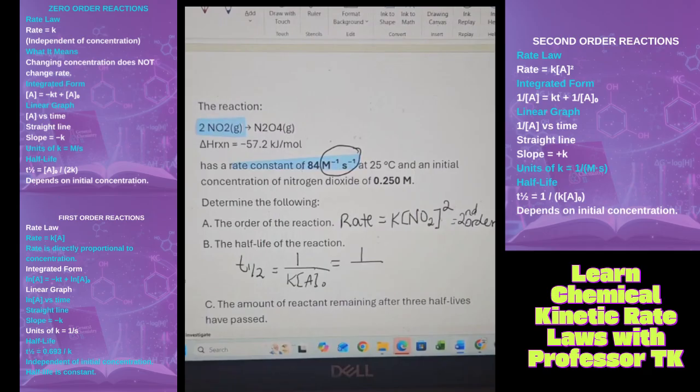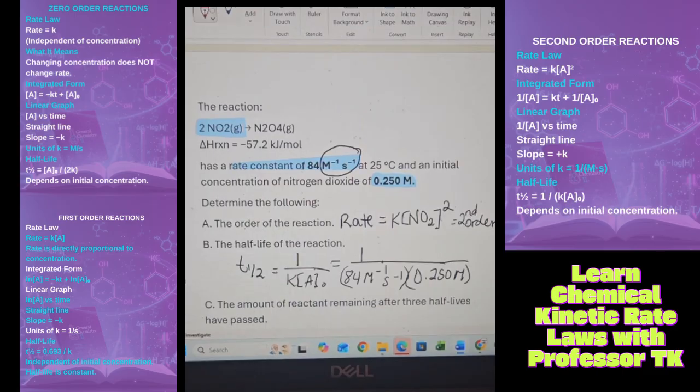1 over your rate constant, which was 84 per molarity per second, times your initial concentration. The initial concentration was this number right here, 0.250 molarity.